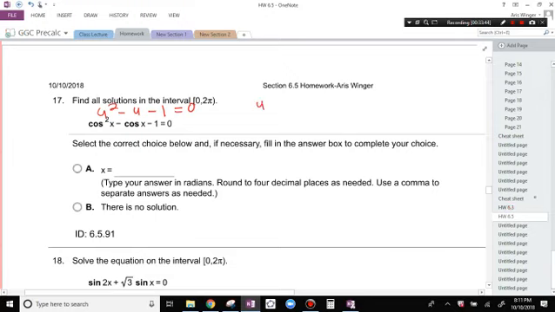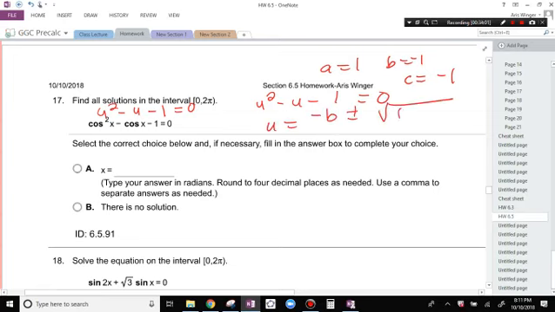So we've got u squared minus u minus 1 equals 0, a equals 1, b equals negative 1, c equals negative 1 as well. u is equal to negative b plus or minus the square root of b squared minus 4ac over 2a. Maybe these things are complex and there's no solution, right?